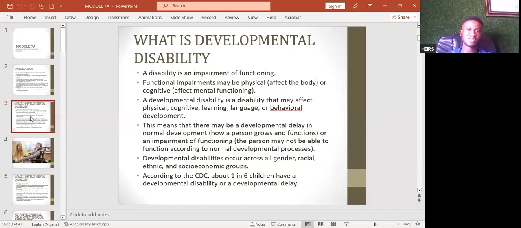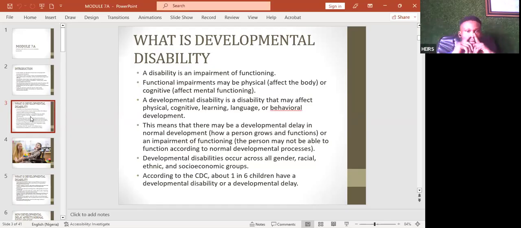Developmental disability is also a disability that may affect physical, cognitive, learning, language, or behavioral development. It affects physical, as in maybe the child is not able to walk. Cognitive, that is mental functioning. Some children have a certain condition that has to do with the brain, for example, autism or cerebral impairment. Then we have learning. Learning happens in the brain.